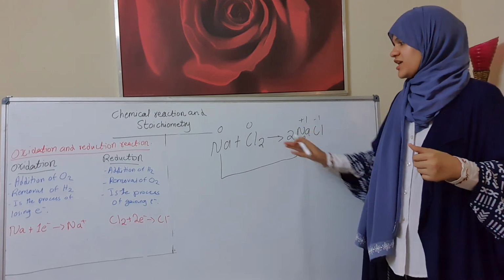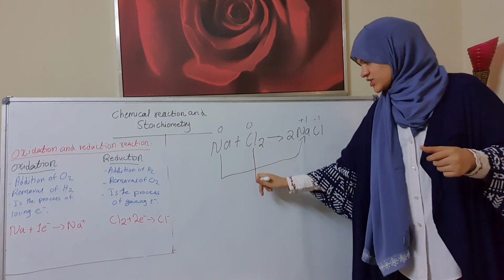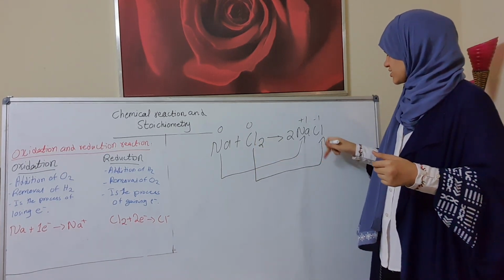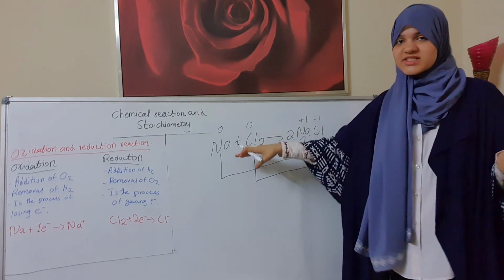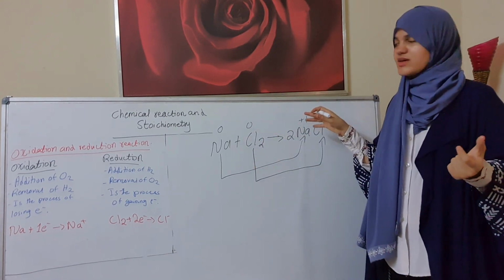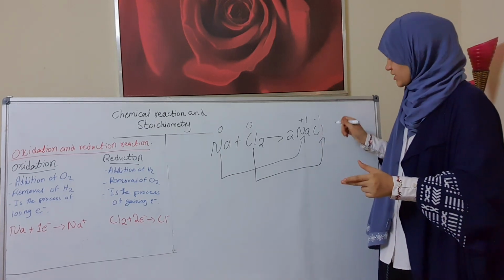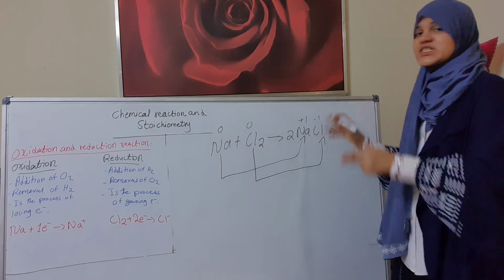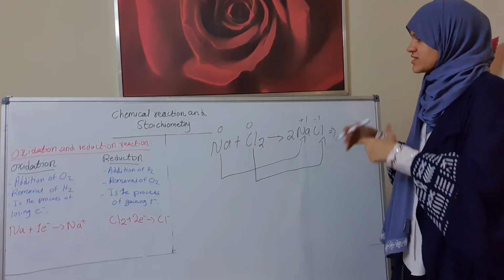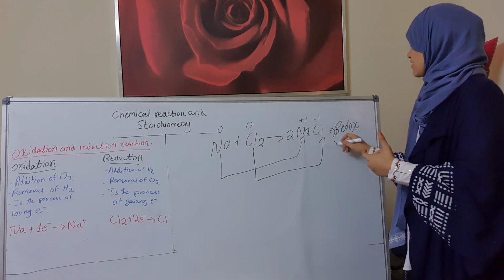Here Cl2 chlorine was 0, now it is negative 1. So there is a change from the reactants to the products. This reaction is called a redox reaction.